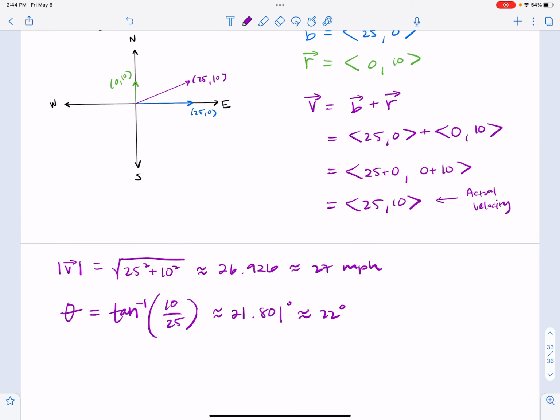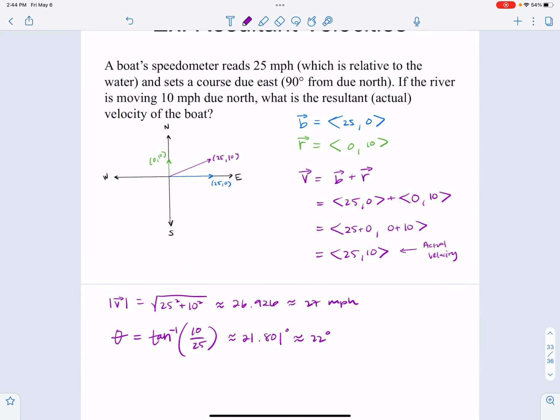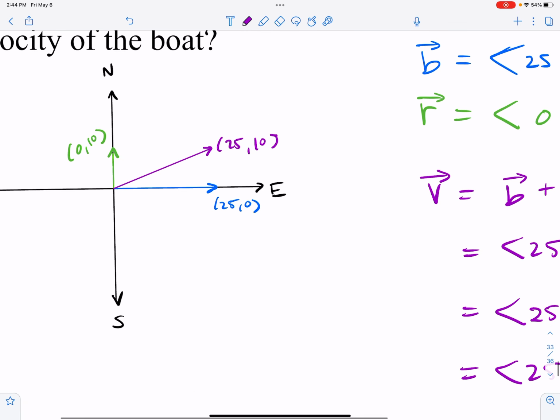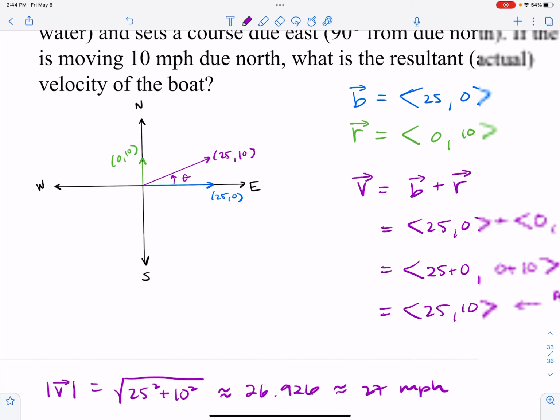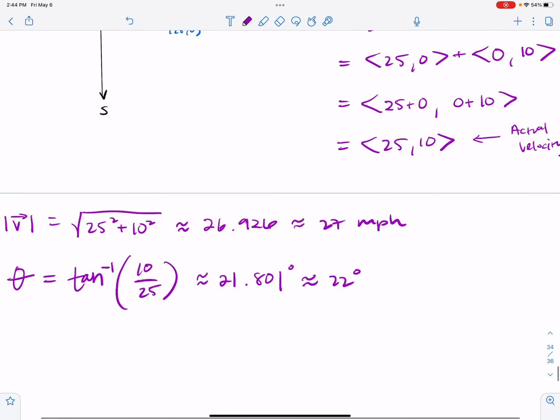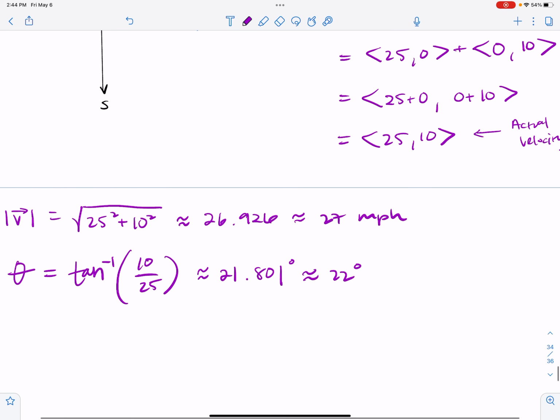Now, we want to give a little bit more, like just saying 27 miles per hour, 22 degrees, what, right? For describing the direction, since this is the angle that we just came up with for theta, why don't we say 22 degrees north of east?